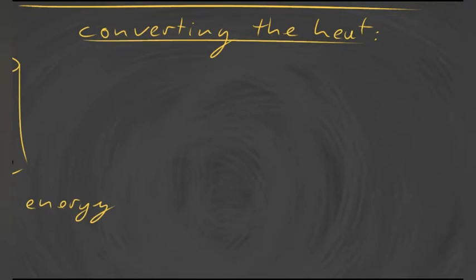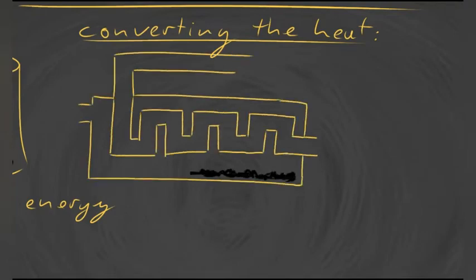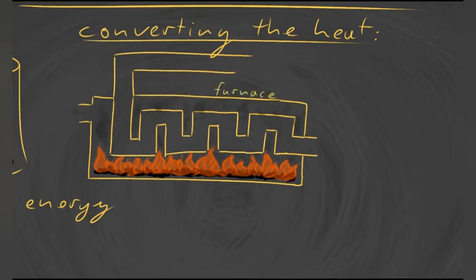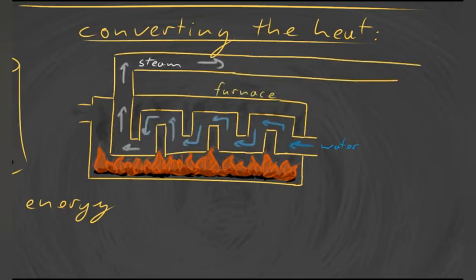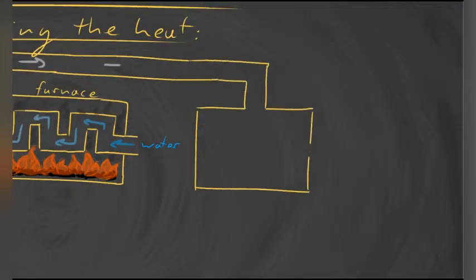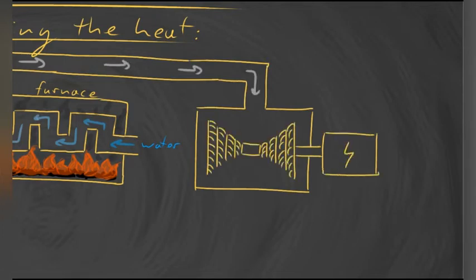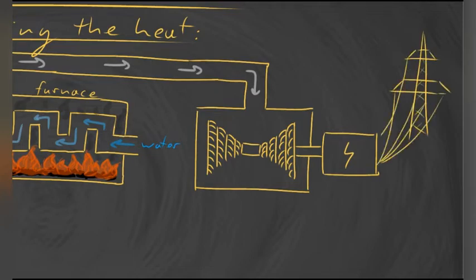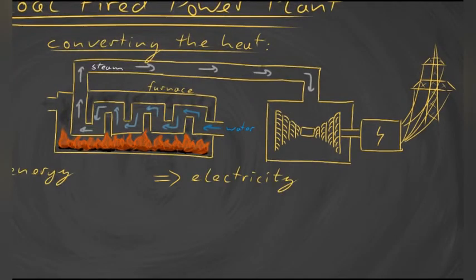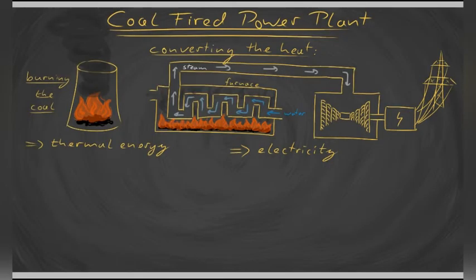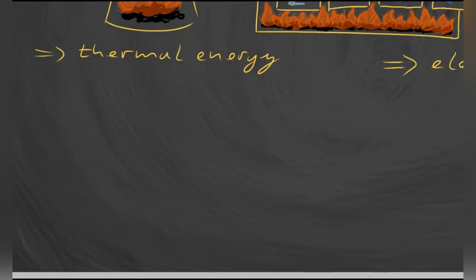So this thermal energy is then used to heat water and cause the water to boil into steam, which is then put under immense pressure in order to turn a massive turbine. The kinetic energy of this turbine will then drive a generator to produce electrical potential energy that is usable in our society. So now we'll take a quick look into the combustion of coal.